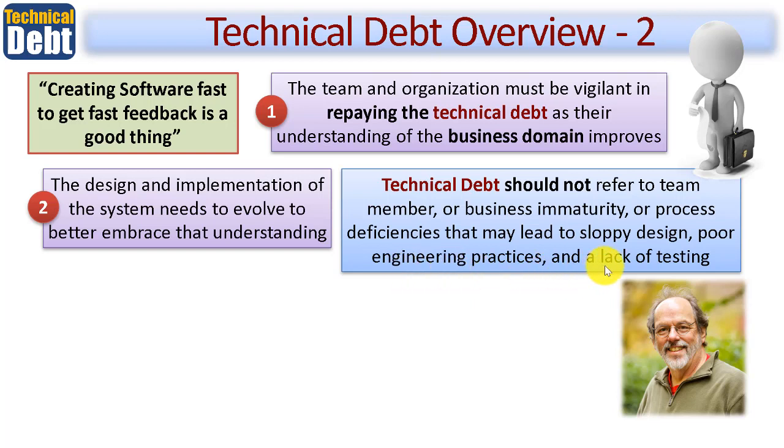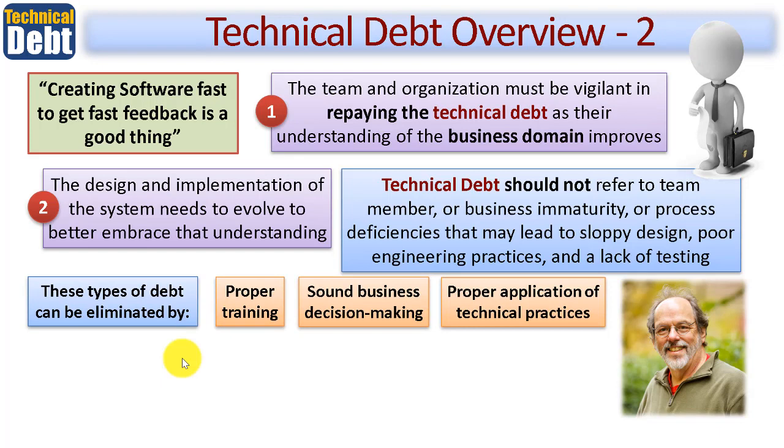Certainly not testing enough will cause technical debt, but it's not the reason for technical debt in the first place. You see, these other types of debt, quote unquote, can be eliminated by proper or better training, sound business decision making, and proper application of technical practices. These are not technical debt per se, but other types of debt that you might have. And I'll give you some more examples in the coming modules.